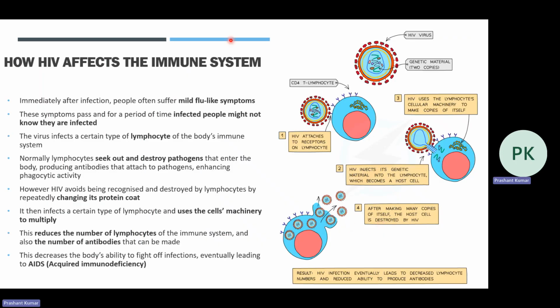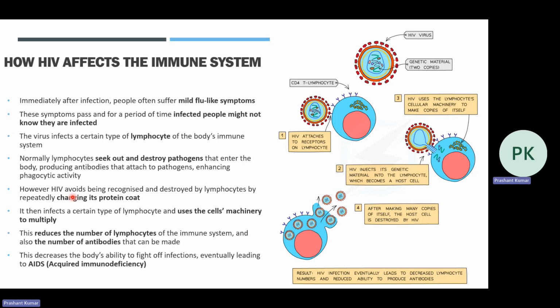How does HIV affect the immune system? See, HIV is a virus which is going to affect your immune system. The virus infects a certain type of lymphocyte in the body, and normally lymphocytes seek out and destroy pathogens. If these lymphocytes get infected by the virus, they are not going to produce antibodies.